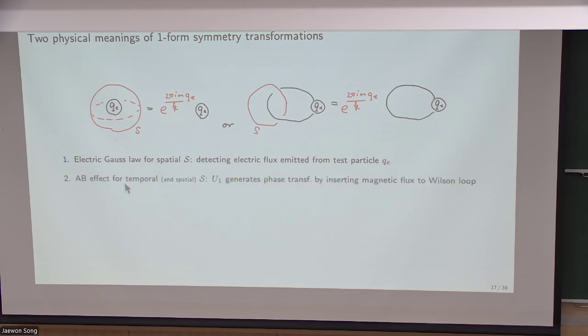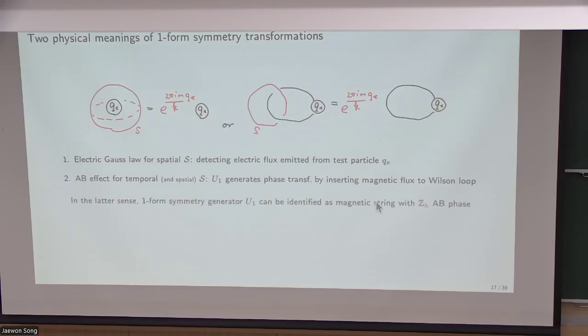Another physical meaning is the Aharonov-Bohm effect. If the symmetry generator is temporal and spatially extended, and the Wilson loop is spatially extended, then the invertible symmetry generator U(1) generates the phase transformation by inserting the magnetic flux into the Wilson loop.